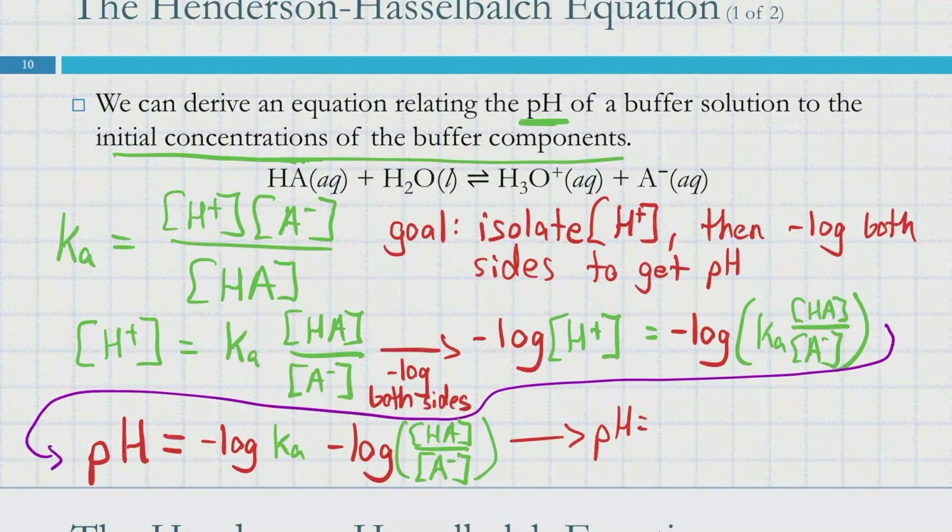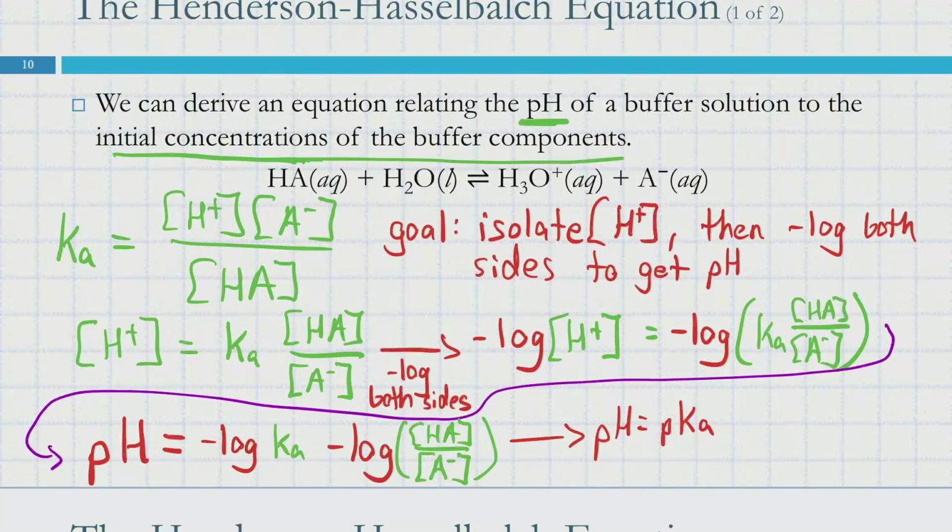So pH equals pKa. At the same time, we can get rid of the negative in front of this log by flipping the position of the HA and the A minus. So we're going to invert those, and that'll turn that into a positive.